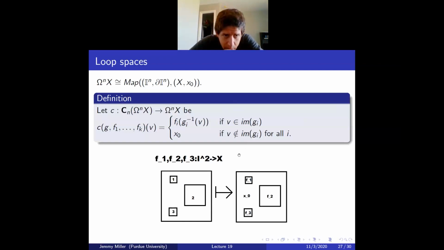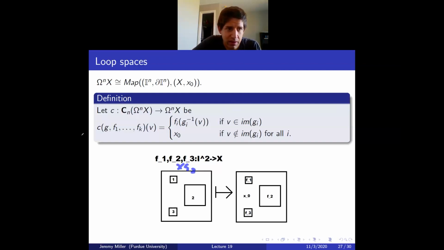So if you have a cube, we got this cube, and it's crossed over S3 with functions.